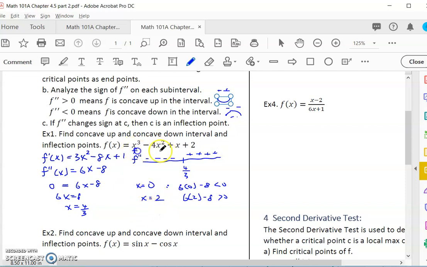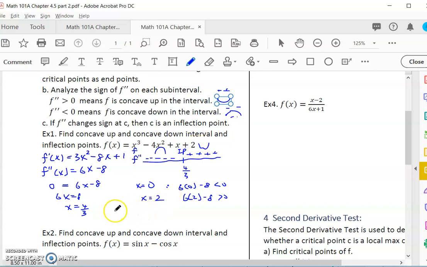So now we'll draw the picture. When f double prime is negative, it's a sad face, concave down, because the slope is actually decreasing. So it was up and then decreases. Happy face, concave up. Okay, so do I have a change of concavity? Do I change from positive to negative? Yes. So this is an IP, inflection point.